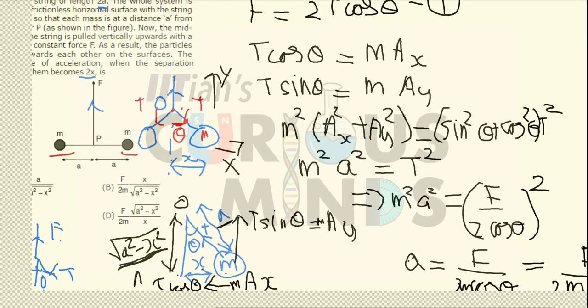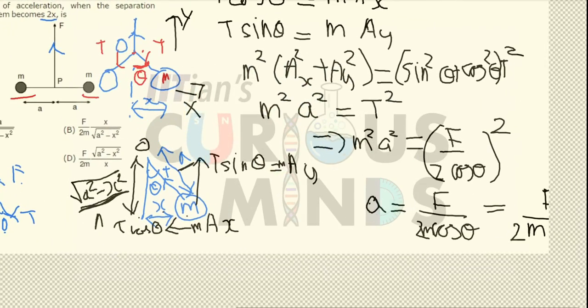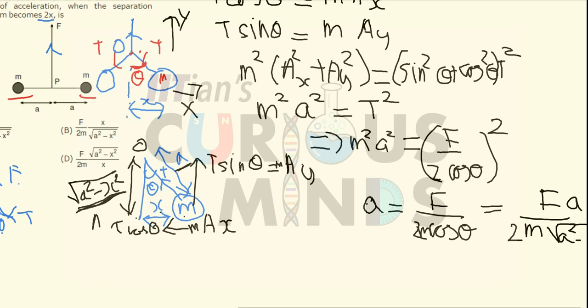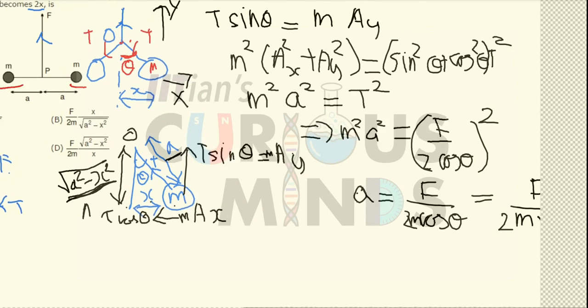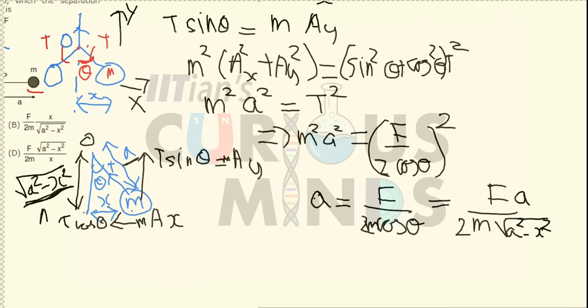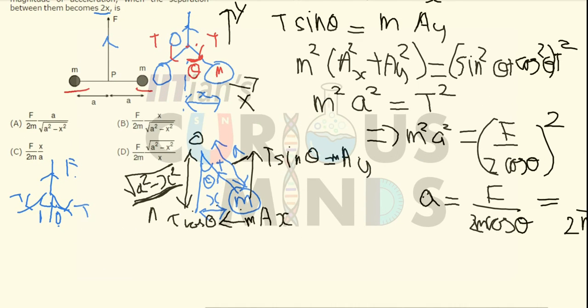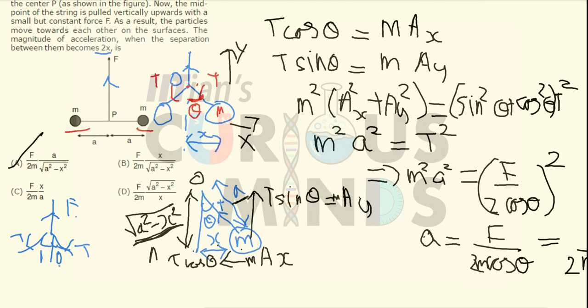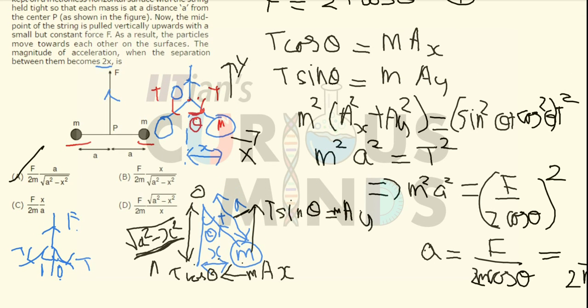So it will be equal to F divided by 2M, which is in all the 4 options, into A divided by root of A square minus X square, which is option number A. So for this question, the answer is option number A.